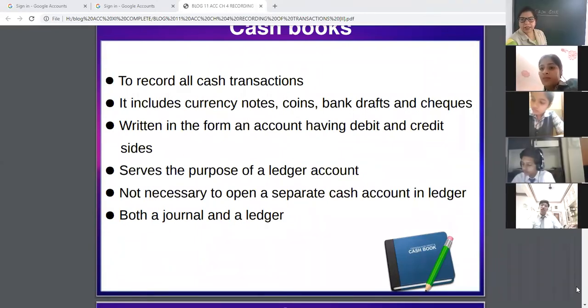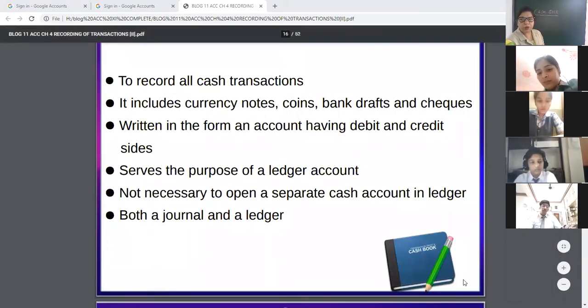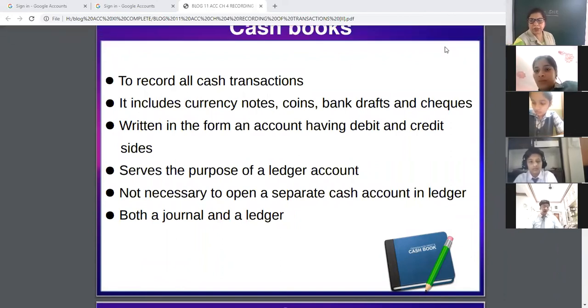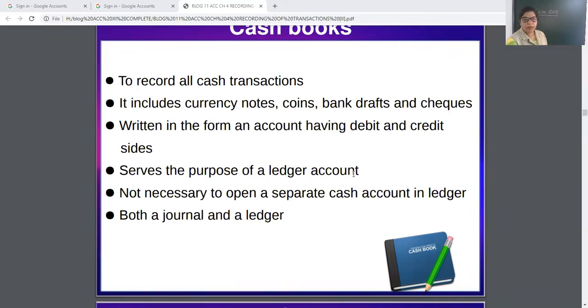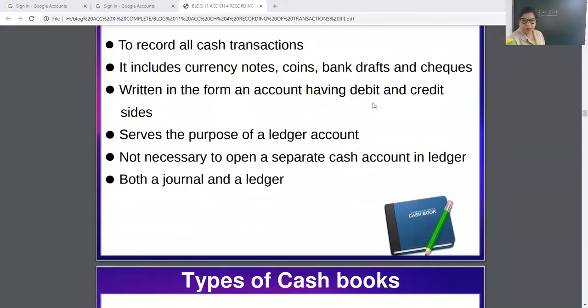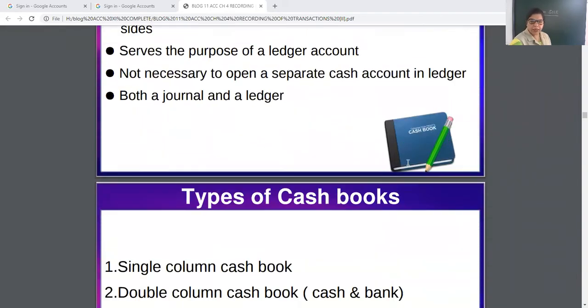As the transaction occurs, the businessman enters it in the cash book, but the only condition is that the transaction should be in the form of cash or bearer check. It is in the form of a ledger, so there is no need to prepare a separate cash account.